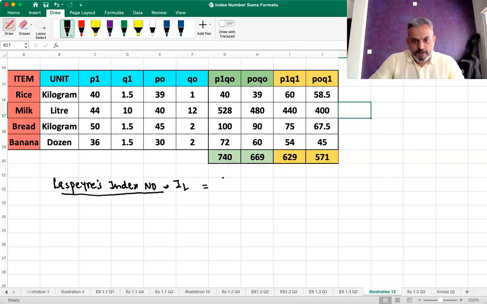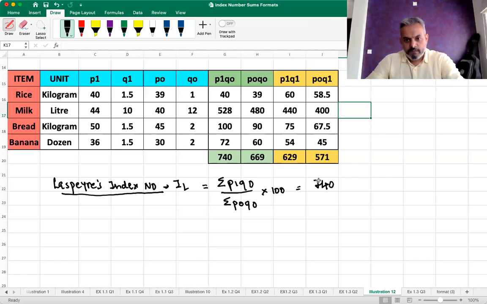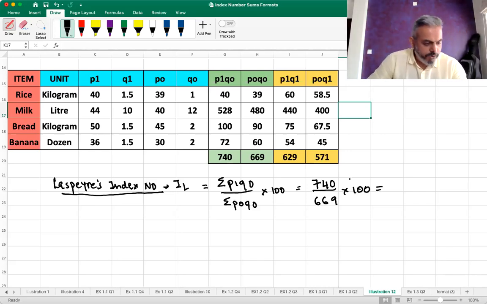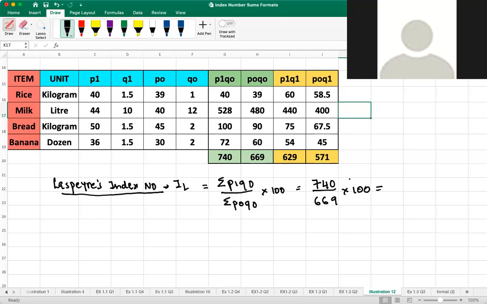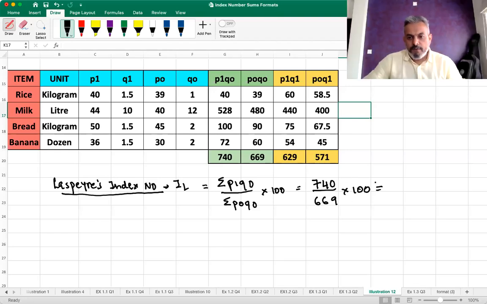IL is equal to sigma P1Q0 upon sigma P0Q0 into 100, which is equal to 740 upon 669 into 100, which is equal to, use calculator, 110.61. 110.6128, so 110.61.